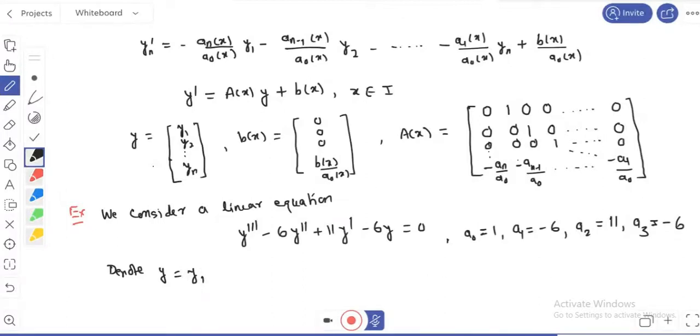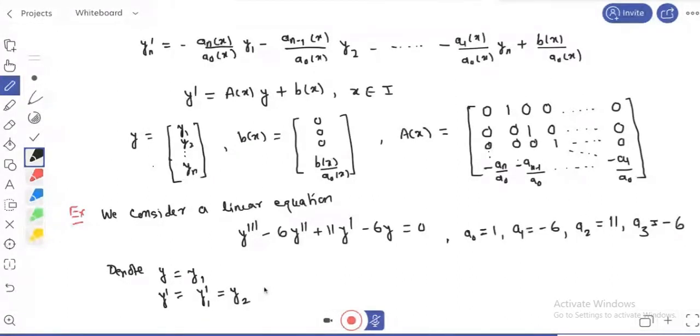If we differentiate this term with respect to x, we get y prime equals y1 prime, and we denote this term as another variable y2.